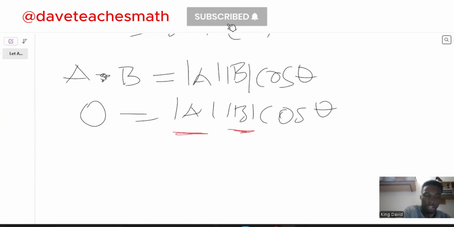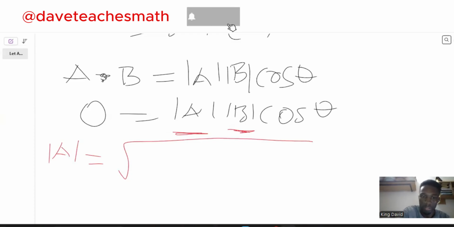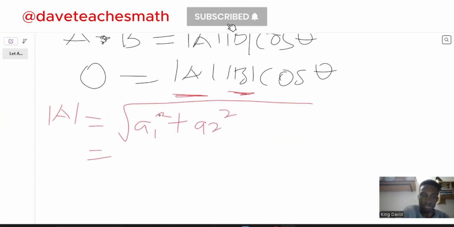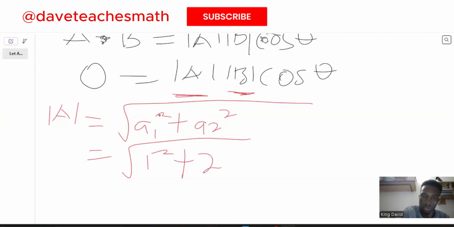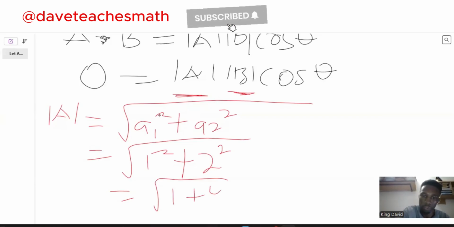Okay, so we know that when you are finding the magnitude of any vector, we are looking at the square root of the squares of the components. So we have A1 squared plus A2 squared, which is going to give us square root of 1 squared plus 2 squared. And that is going to give us square root of 1 plus 4, which is square root of 5.